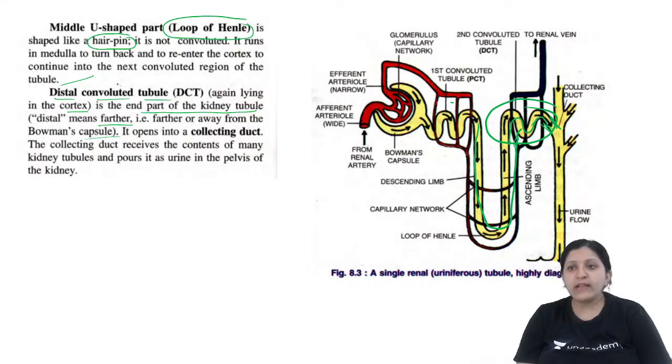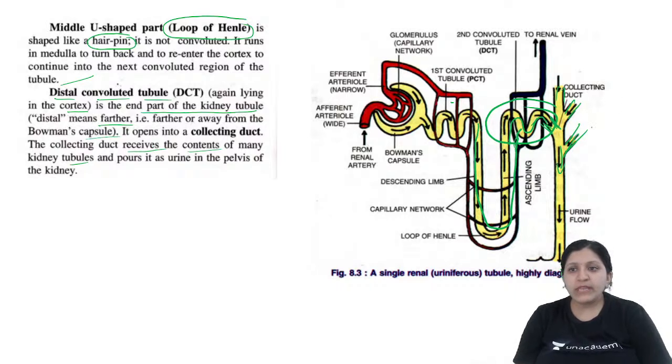You can see that many nephrons are connected over here, and they will be emptying their urine into this one. This is the direction of flow. Basically, urine flows this way, emptying its content into the pelvis, and later it gets into the ureter. So here it opens into a collecting duct. The collecting duct receives the contents of many kidney tubules.